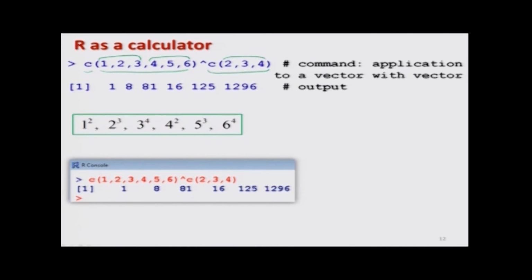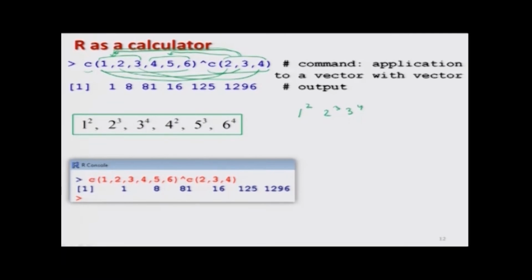These 3 values will go over here in the same order, and these 3 values will also go here in the same order. So when this value goes to this thing, this becomes 1 square, 2 cube and 3 to the power of 4.